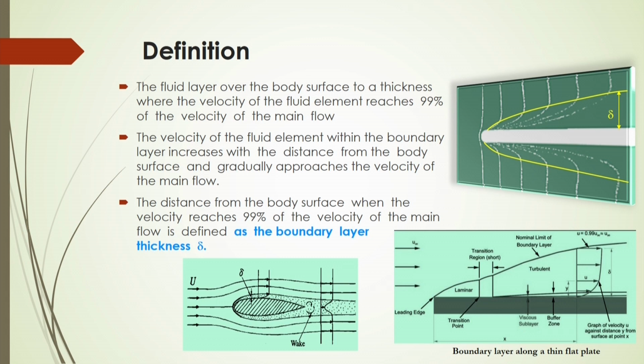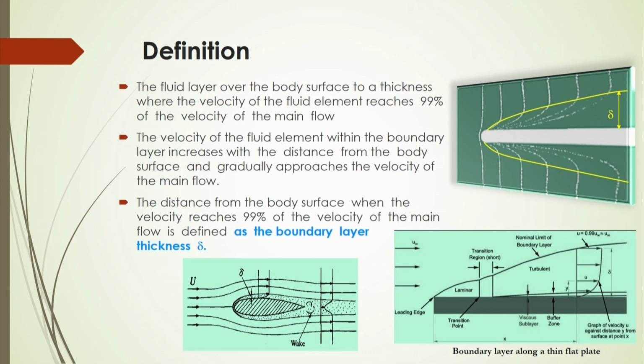The velocity of the fluid element within the boundary layer increases with the distance from the body surface, as we have already discussed, and gradually approaches the velocity of the main flow, or free stream. The distance from the body surface where the velocity reaches 99% of the velocity of the main flow is defined as the boundary layer thickness, denoted by delta.